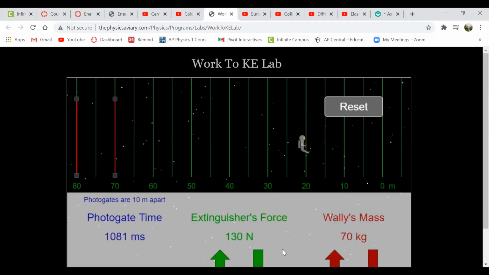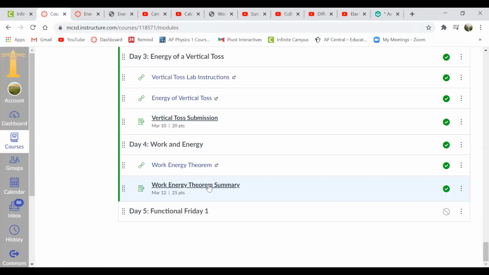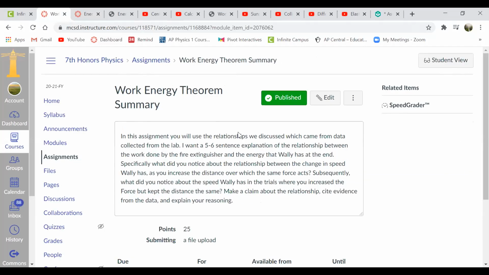So that is what you're going to do just to make sure we see the summary. In this assignment, you're going to use the relationships we discussed, which came from the data collected in the lab. I want a 5 to 6 sentence explanation of the relationship between the work done by the fire extinguisher and the energy that Wally has at the end. Specifically, what did you notice about the relationship between the change in speed Wally has as you increase the distance over which the same force acts?